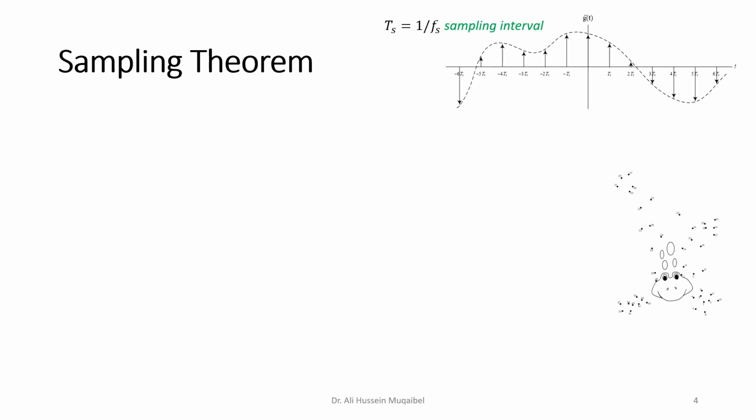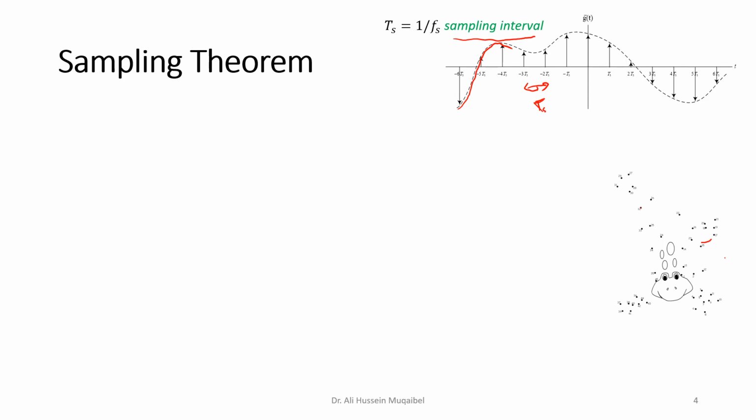Assume that this is my signal, the original signal, as you can see here. It continues with the dotted lines. And I want to take samples. How many samples should we take? The spacing between these samples is called the sampling interval, TS. Our job is to find how many samples are required to get the signal back.